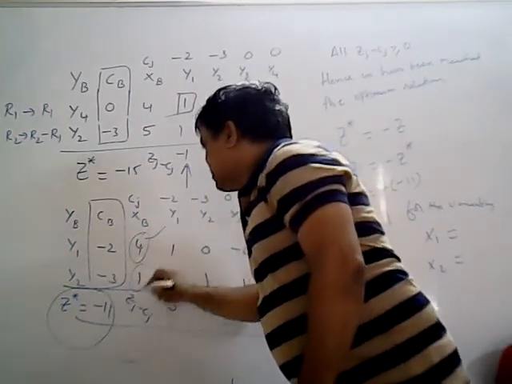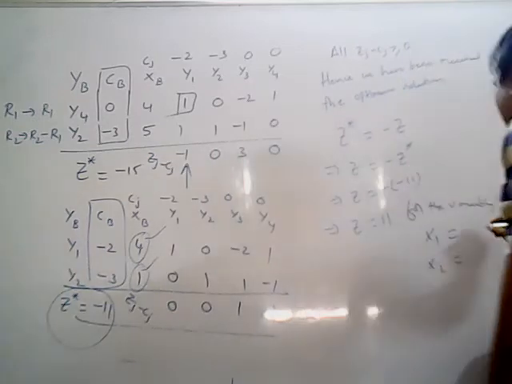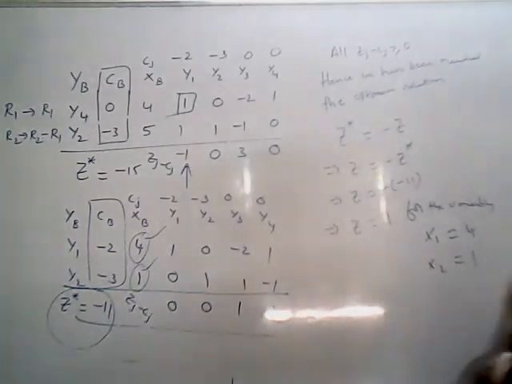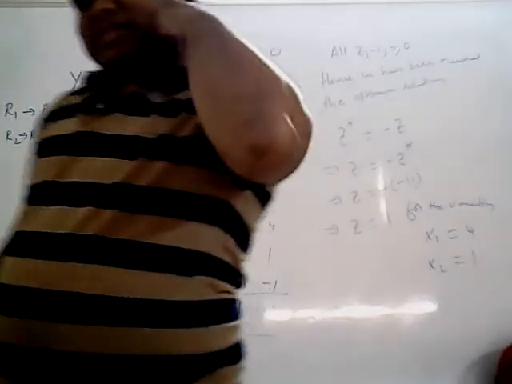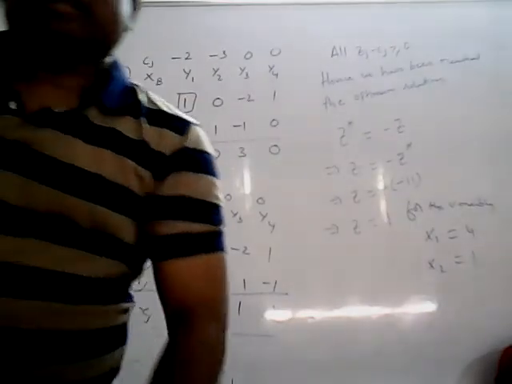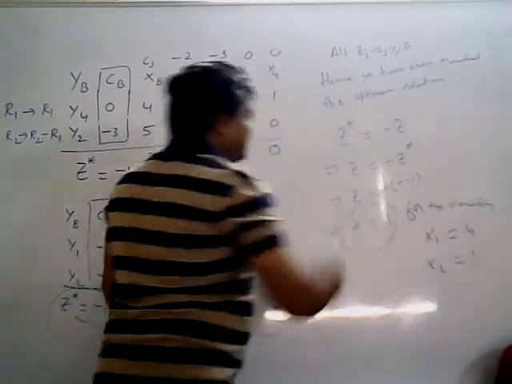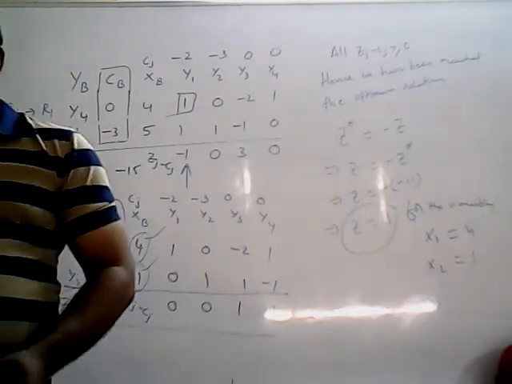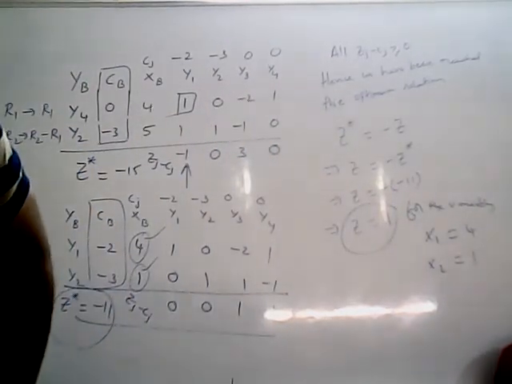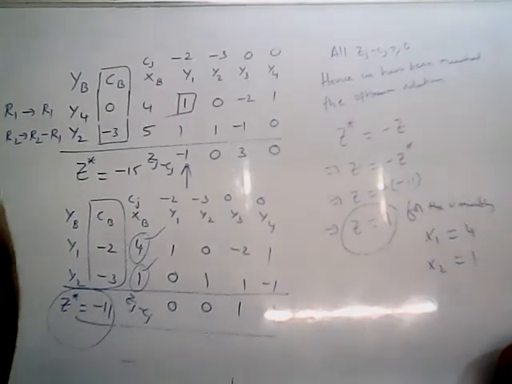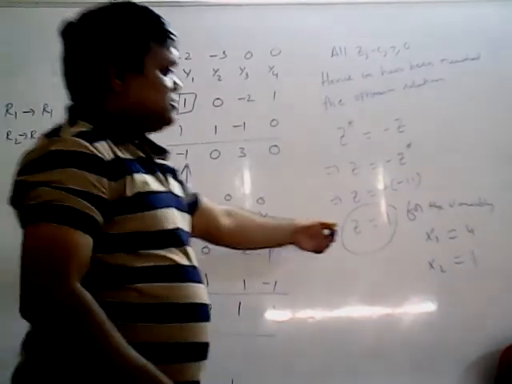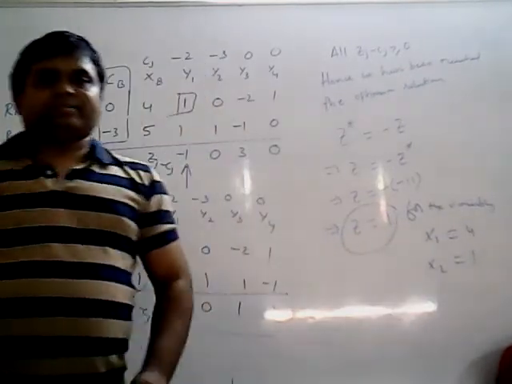What is the X2 value? Y2 value is 1. That means X1 equals 4 and X2 equals 1. I think you get the same answer here: z value 11, already obtained in the Big-M method. If you want, you can verify that problem. The same answers you will get from the Big-M method also.